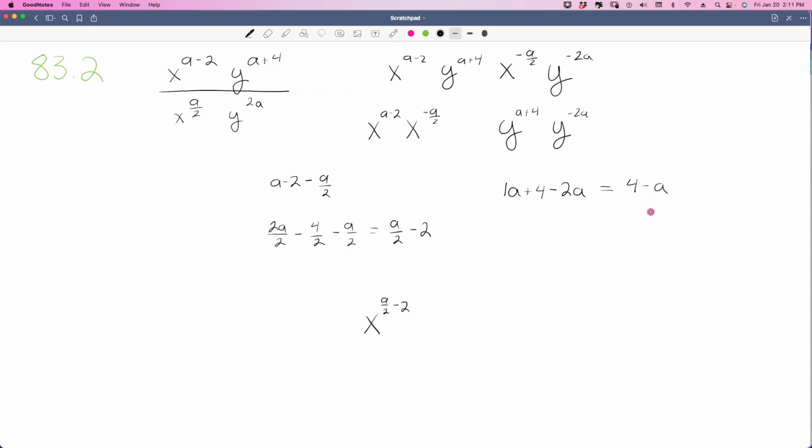Otherwise, it'd be negative a plus 4, which is, if you look at it, here's why mathematicians don't like to do that. You have negative a plus 4. Remember, I told you in class, mathematicians like to write things as quickly and succinctly as possible.